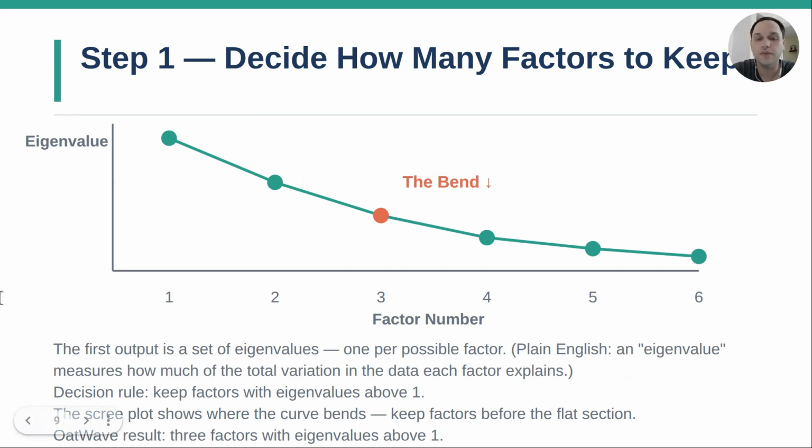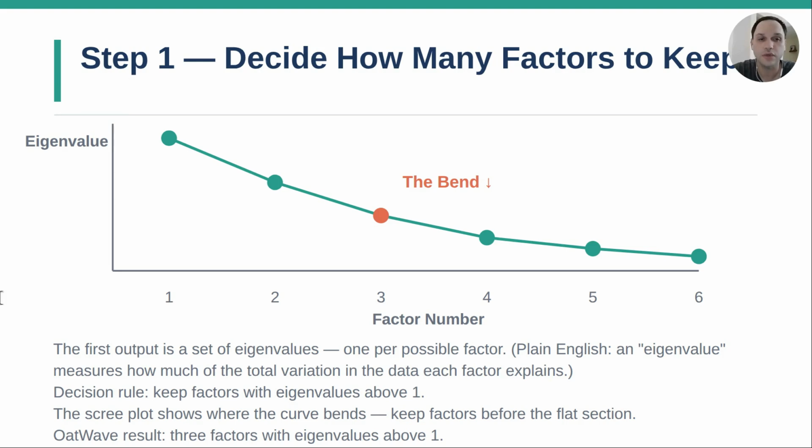The first question of the analysis is how many factors to keep. The output includes a set of eigenvalues, one for each possible factor, that measures how much of the total variation in the data each factor explains. A large eigenvalue means the factor captures a lot of the story in the data. A small one means it captures very little.